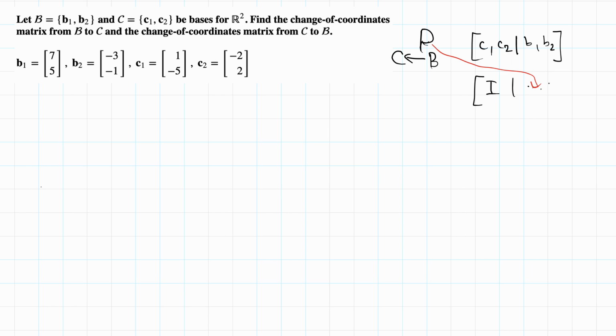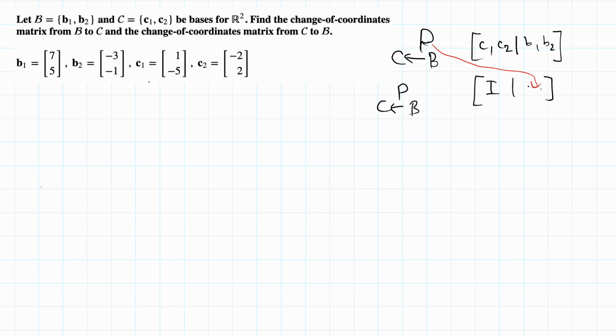Okay, as you can see, change of coordinates from B to C. So C, then B. So let's do that. And by the way, for B to C, that will be just the inverse of this matrix. So after we find one of them, the other will be easy because it's R2.